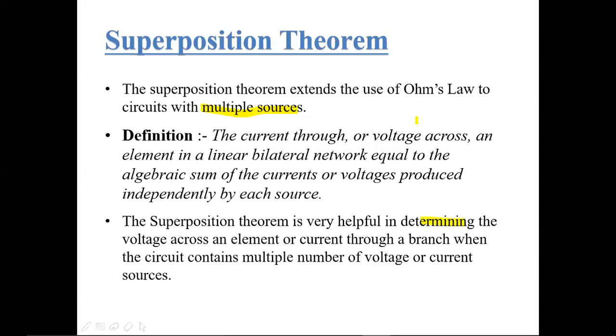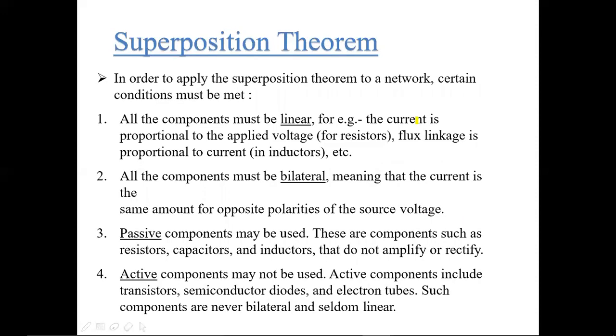They may be voltage sources or current sources; instead of voltage sources only, you can use current sources, or mixed sources. This is about the first slide. And here there are certain conditions before we apply the superposition theorem to the network.